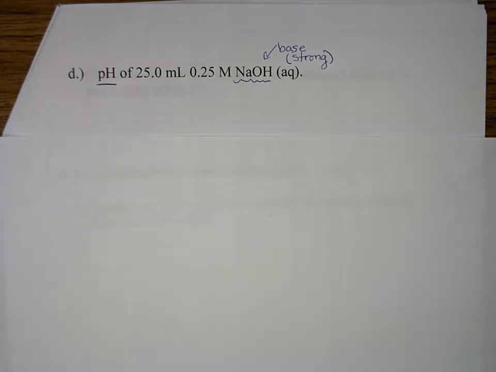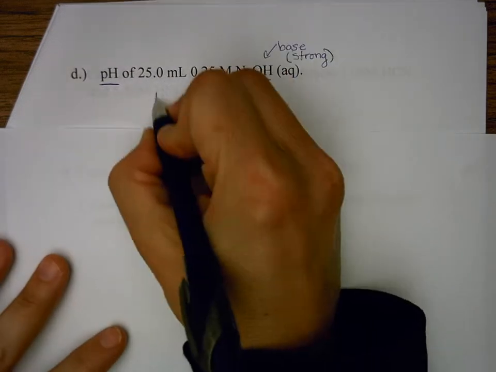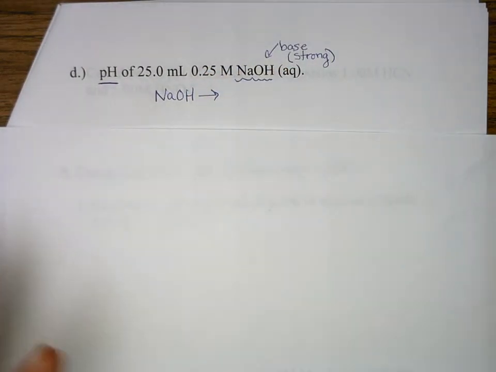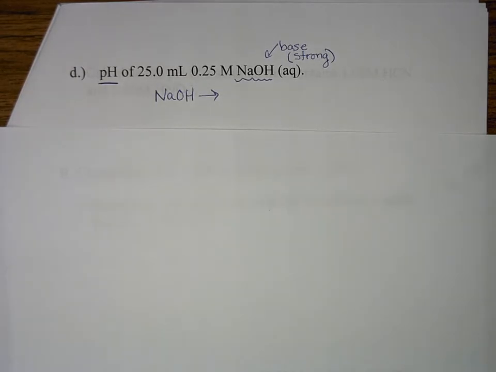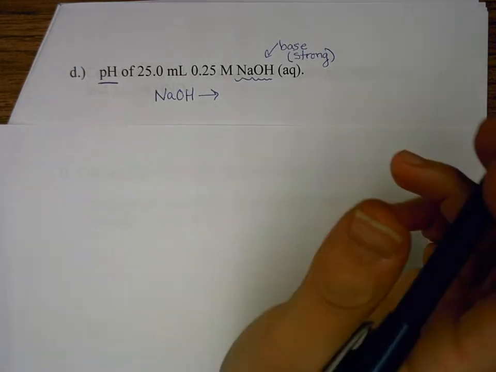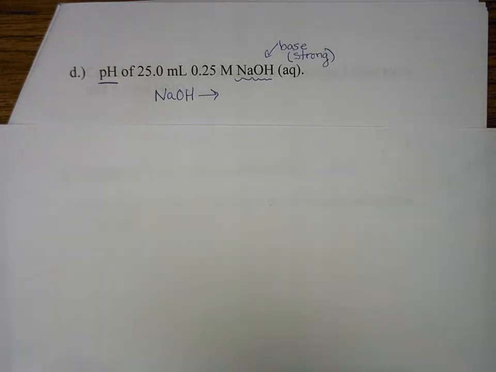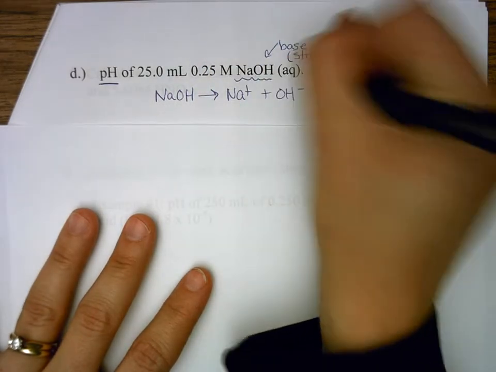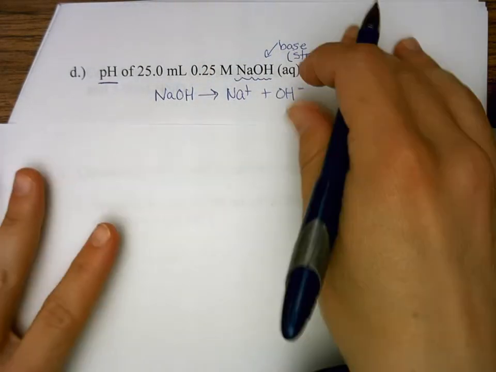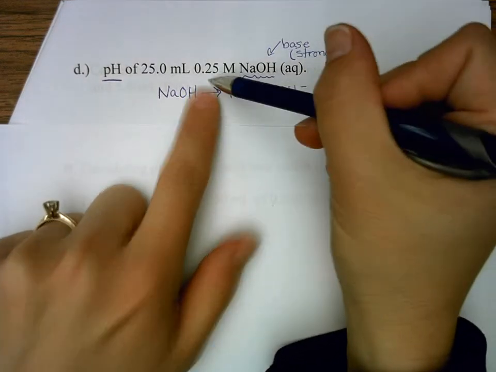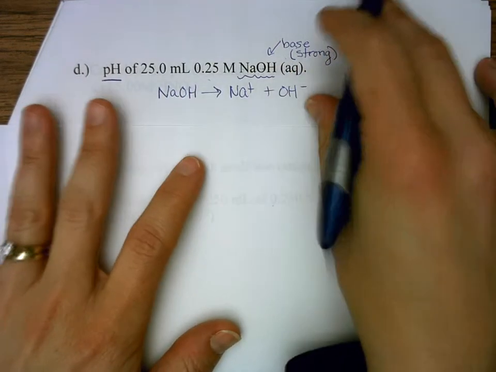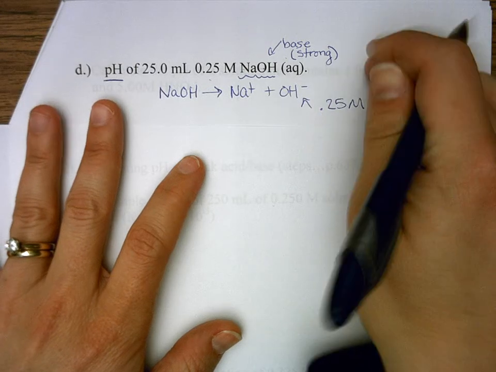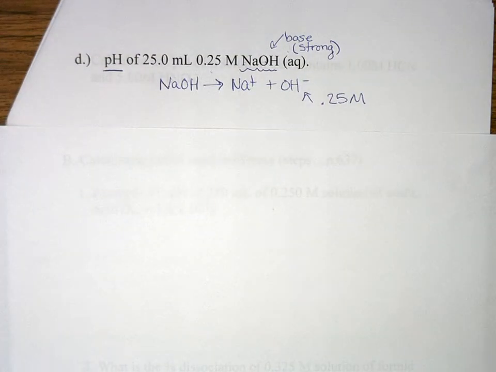Okay, which means that, again, you have full dissociation, which when you're dealing with strong acids or strong bases, you do a forward arrow only because it completely dissociates into ions, sodium ions in this case, and hydroxide ions. And so if I have 0.25 molar sodium hydroxide, then I'm going to have 0.25 molar concentration of hydroxide ions after the dissociation.